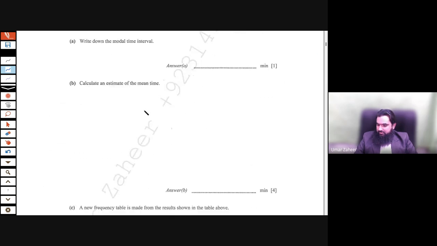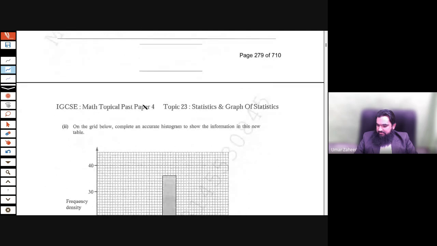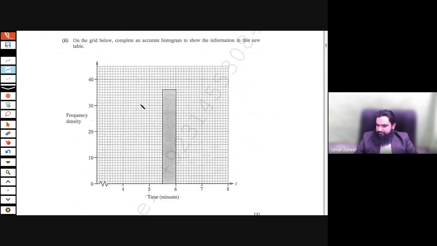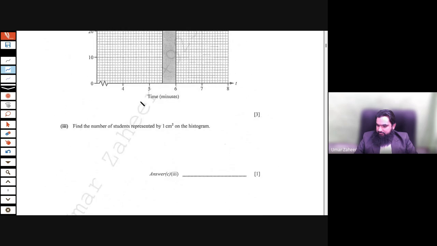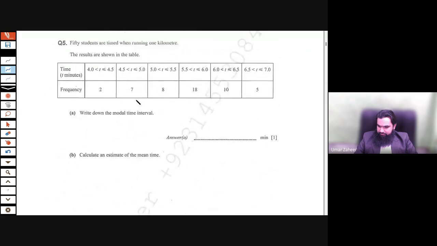All right, let's see how to do one question from the histogram. Now, 50 students are timed when running 1 kilometer. The results are shown in the table. Write down the modal time. Yes, what is the modal time?